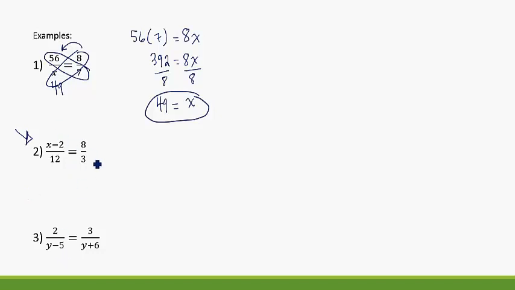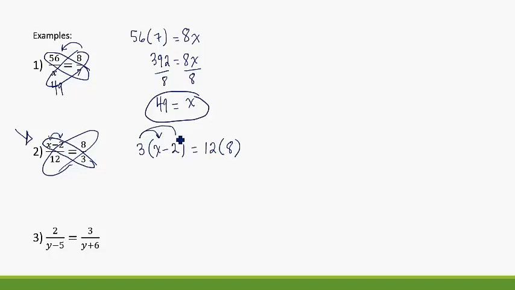What we need to pay attention to here is that sometimes we may have more than one term in our ratios. If we multiply these, it's very important that you put your number in front of the parentheses: 3 times (x minus 2) equals 12 times 8. Hopefully you can see why I would do that, because I'm not multiplying 3 just times the x, I'm multiplying 3 times the entire expression. So now I need to distribute.